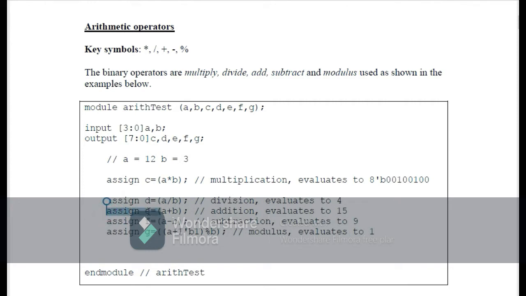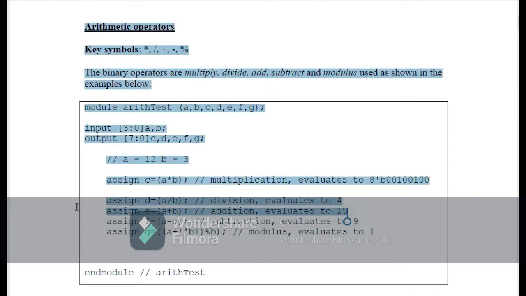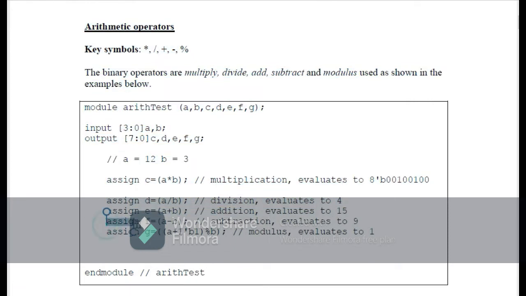Similarly I assign the output variable E which performs the addition operation between the input variables, and our output is 15 at E. Then I assign another output variable F which performs the subtraction operation, and our final output is the G variable which performs the modulus between A and B and gives us 1 at the output. And then we use endmodule to end our program.